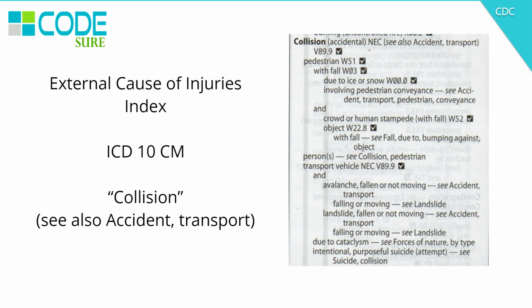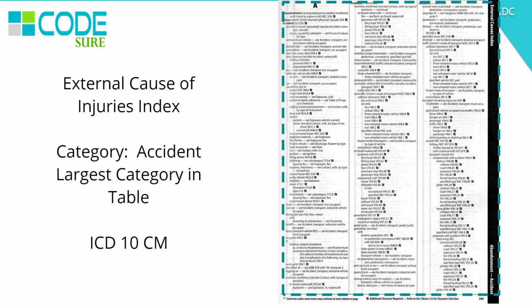But no harm done, because now we found our term collision, and we're going to go to accident as the category and see what we find. Let's take a look. And on the very first page of the external causes of injuries table, we find the largest category, accident.